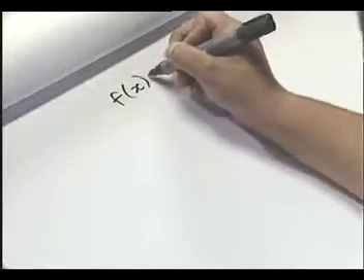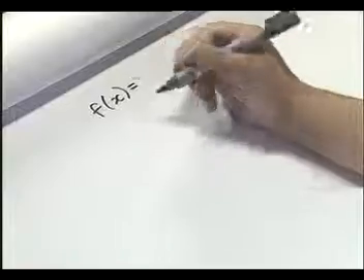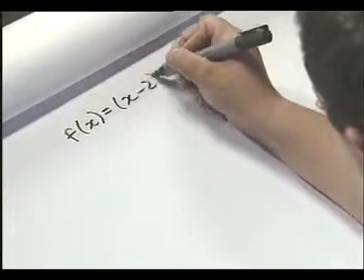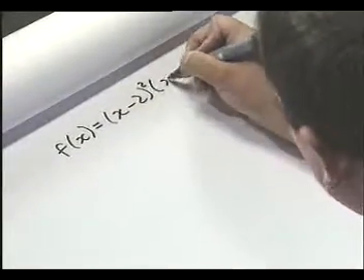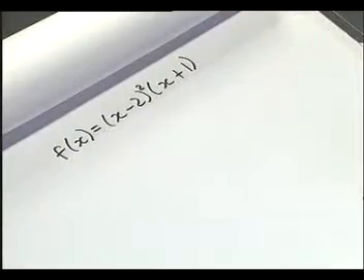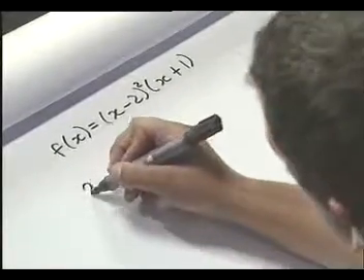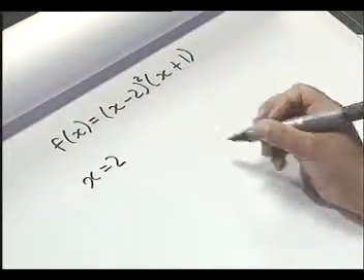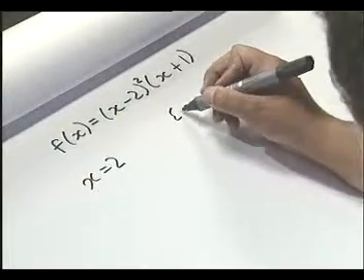So if we look at the function f of x equals x minus 2 all squared multiplied by x plus 1. We can identify the 2 roots immediately. x equals 2 will make this bracket 0. And we can see that this has an even multiplicity.